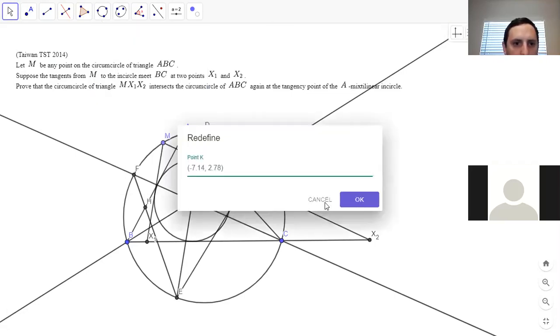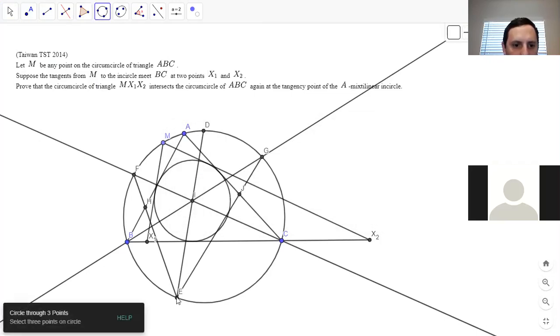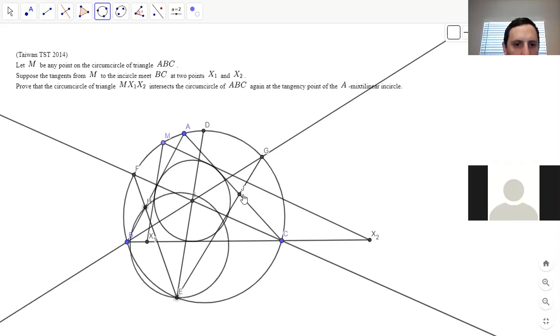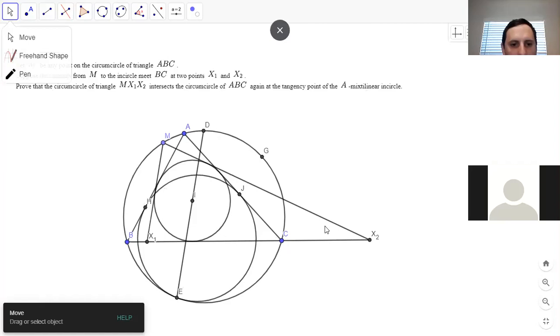Let me check. But I think I proved this in one of my previous videos. So we don't need all that, so I can hide some stuff. Just keep that.